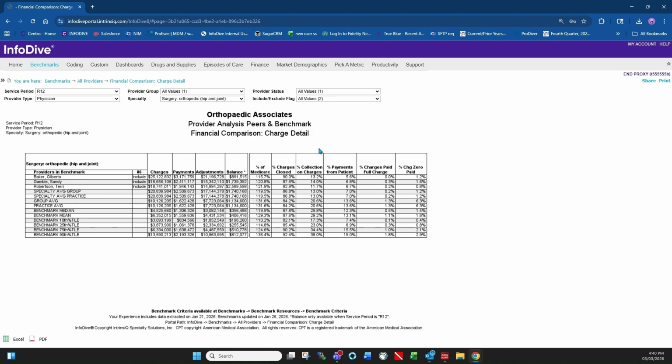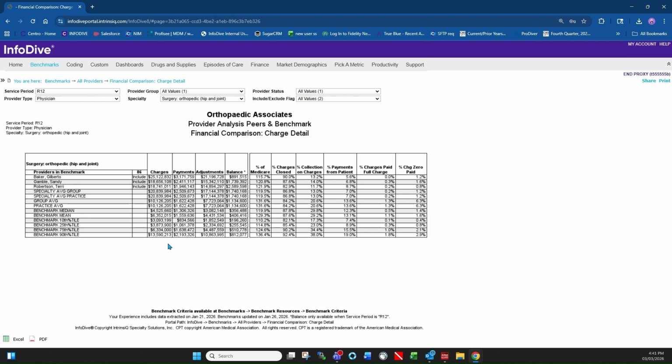Now, it is set to the default view on the report itself, but this is going to give you that breakout for charges, payments, adjustments, and then it's going to give you over there on the right-hand side the percent of Medicare, percent charges closed, percent collection on charges, all of these different details that can help you to evaluate where this provider sits within your group or the benchmarking when it comes to collection on charges.